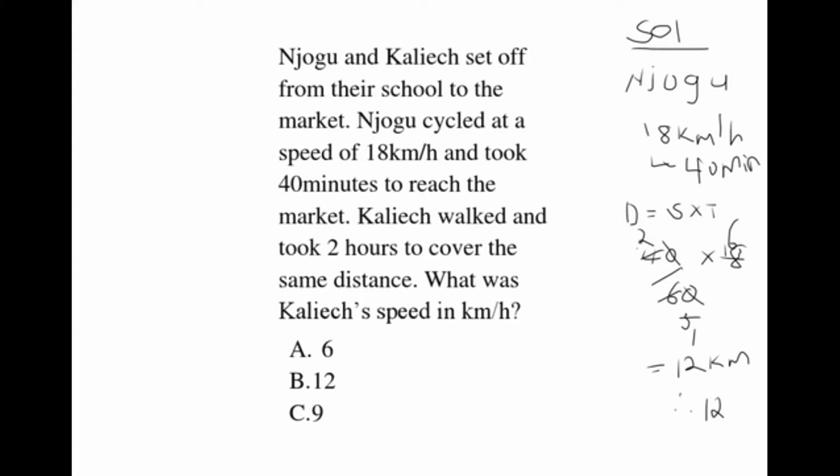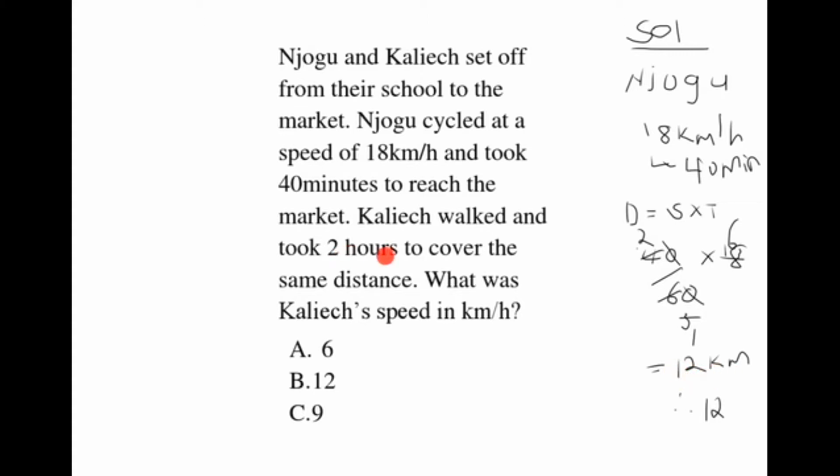Then the question tells us Kaliech walked and took 2 hours to cover the same distance. What was Kaliech's speed in kilometers per hour? So to cover the same distance, these 12 kilometers, it took 2 hours. For us to get his speed, speed is distance divided by the time taken, and we know the distance is 12 kilometers.